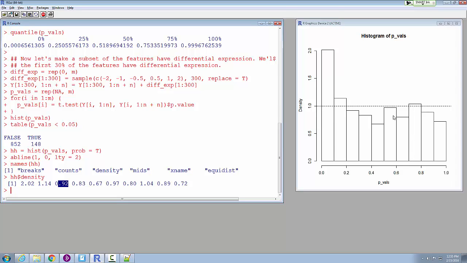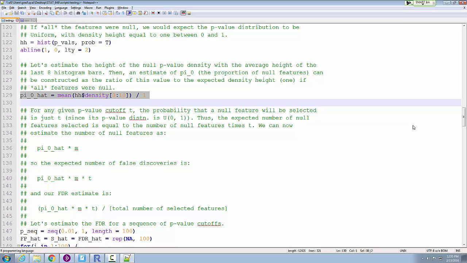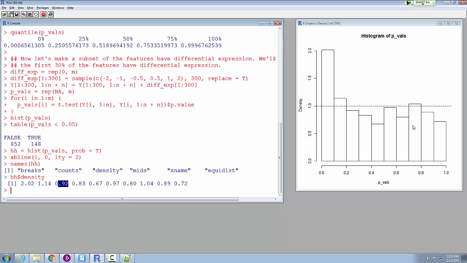So I'm looking at the right part, everything but the first two bins, and I'm saying, roughly speaking, I think those are kind of constant and they're just bobbing around a little bit randomly. That's why I'm going to average their height values. So if this one's a little high, probably that one's a little low. I'm kind of hoping they'll average out to a good estimate. So let's compute pi 0 hat.